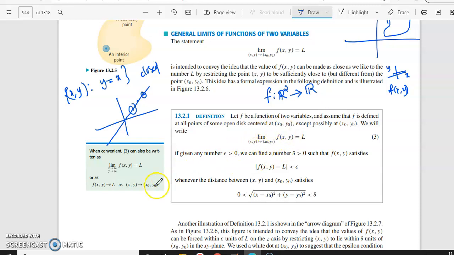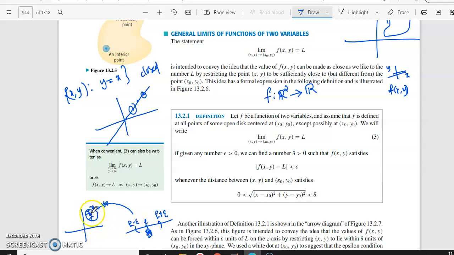So when I say that xy approaches x0, y0, where x0, y0 is a point in the plane, you will have a very small disk which is centered at x0, y0. Okay, then for all the corresponding xy values, the value of f of xy must belong to an interval of the form L minus epsilon to L plus epsilon.